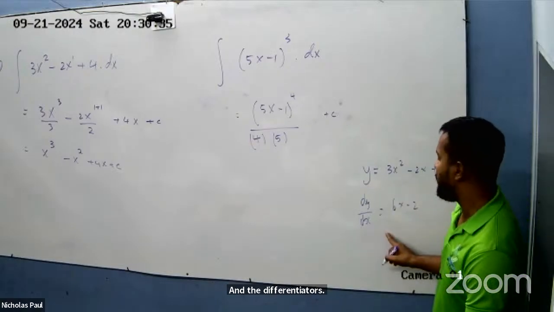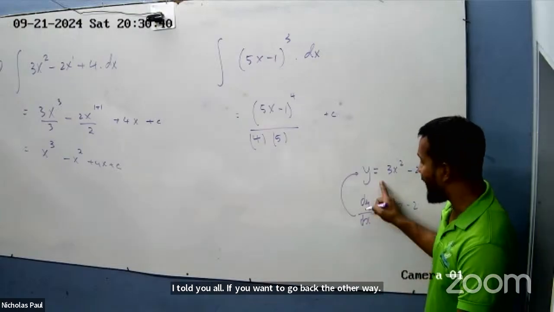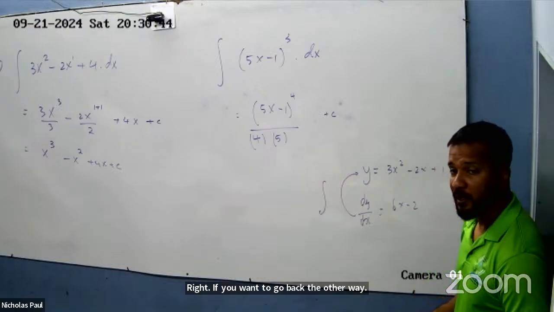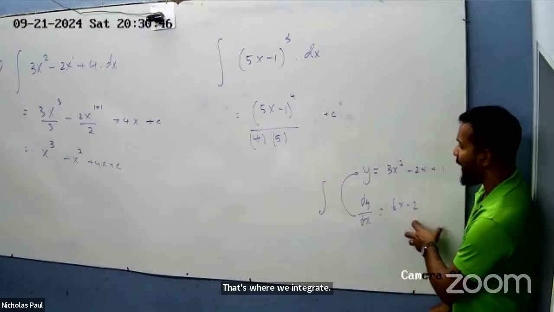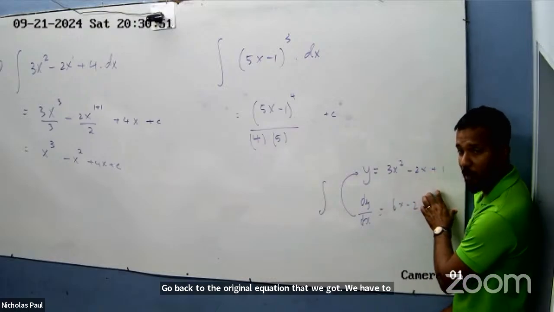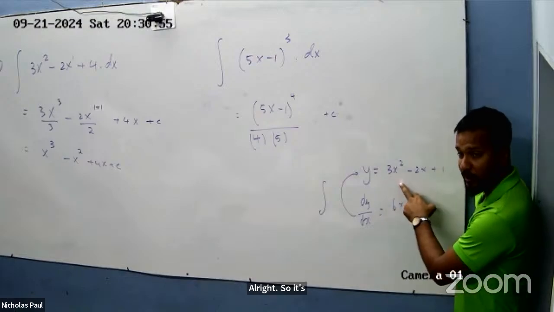I told you all, if you want to go back the other way, that's where we integrate. So for us to go back to the original equation, we have to use integration. So that's the first application, obtaining back the original equation.